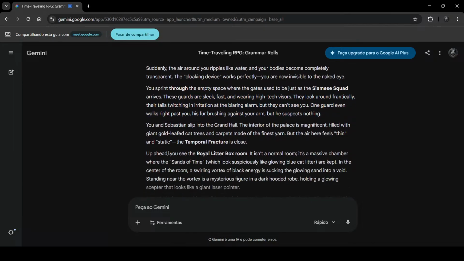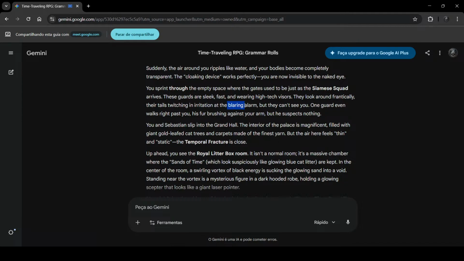Okay, so sleek, frantically, and blaring. Frantically is like freneticamente. Blaring is of a sound, very, very loud, it hurts your ear if it's blaring.